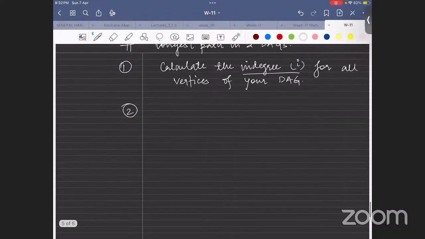Here there is one new concept that will be added. Here we'll be initializing the longest path to each vertex. We'll initialize it to 0 for all vertices.